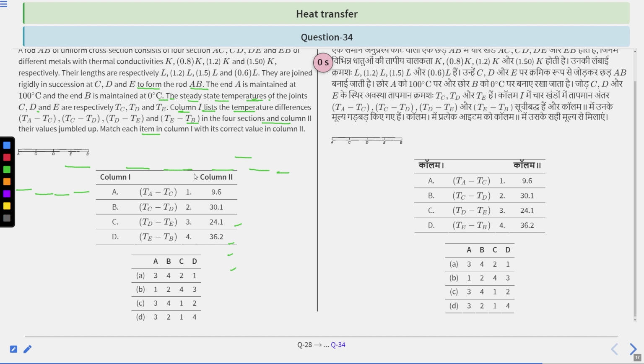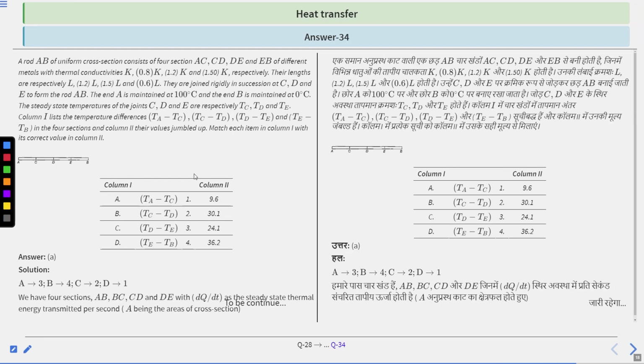Let's find a solution. This is column first and their temperatures TA minus TC, and this is column second and their values respectively. So we have four sections AC, CD, DE, and EB, with dQ upon dt as the steady state thermal energy transmitted per second, and A being the area of cross section.